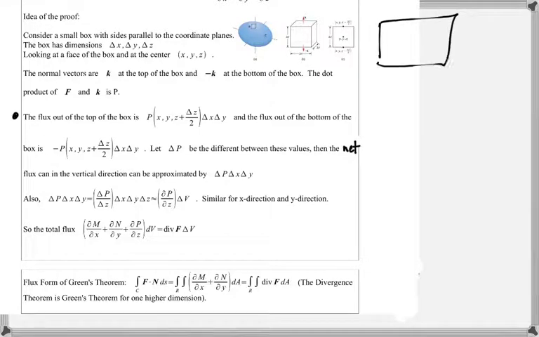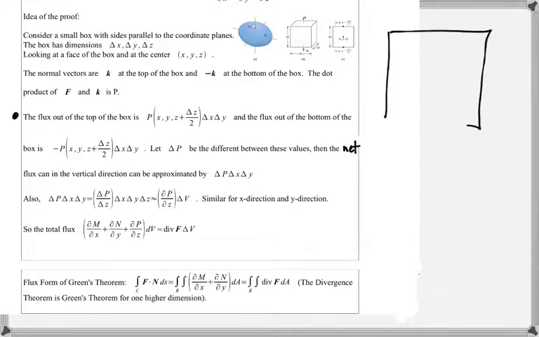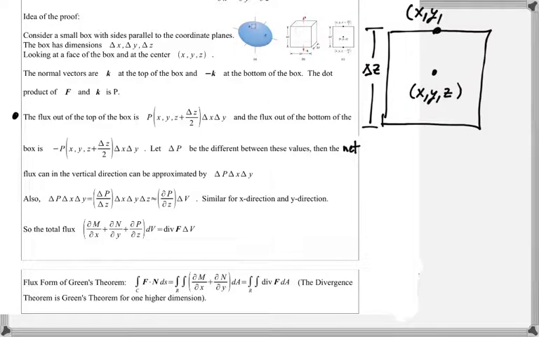So let me try to draw it a little bit better. You can also see this image in your textbook, but you have delta z here, the center x, y, z, and then we have here x, y, z plus delta z over 2.